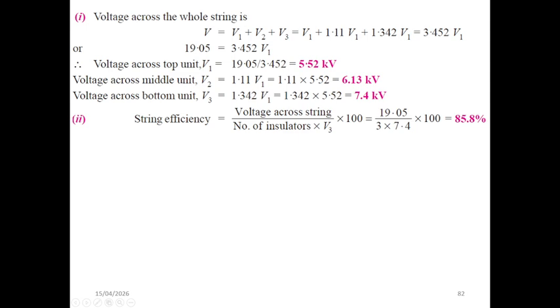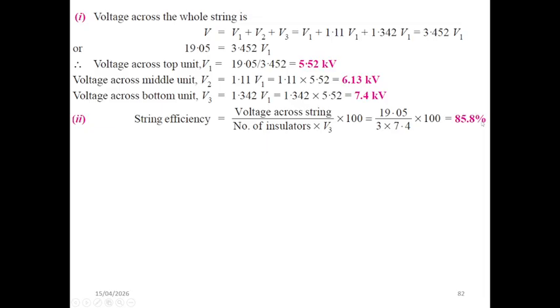This slide shows that the total voltage across the string can be expressed as a sum of voltages across individual units, where unequal voltages can be summed together. Also, this non-uniform distribution reduces the overall efficiency of the string.